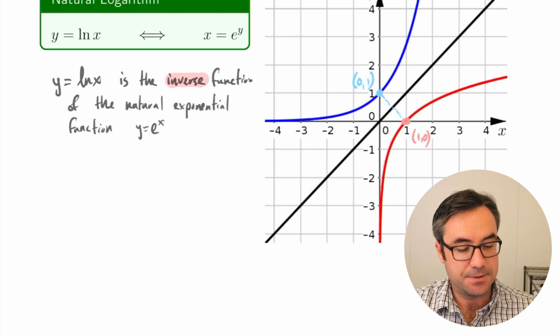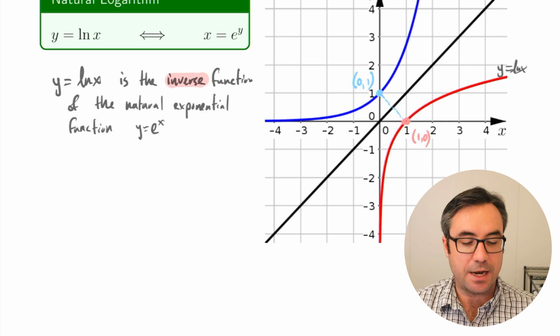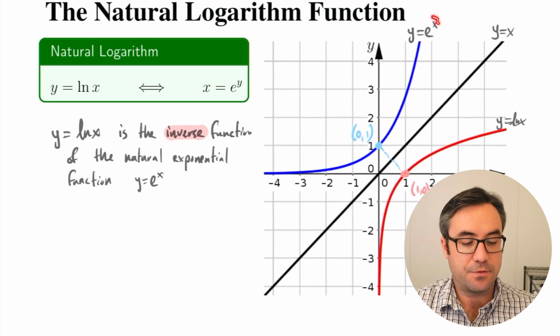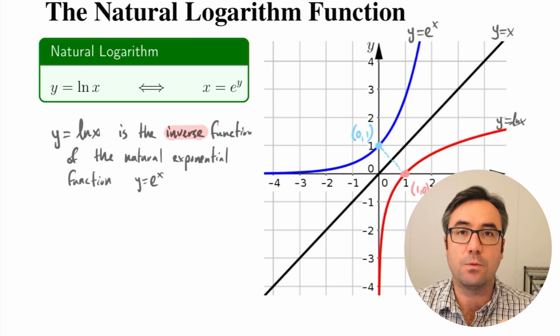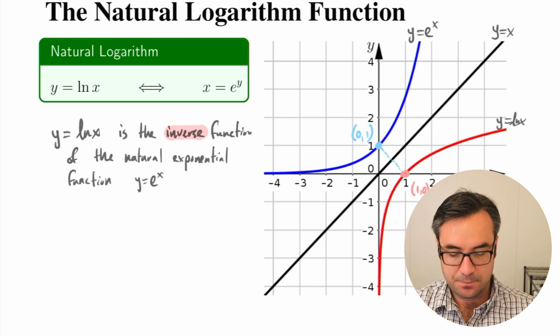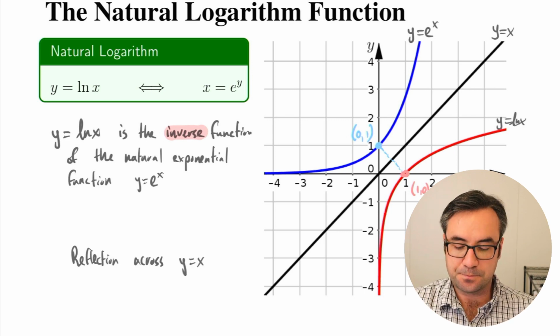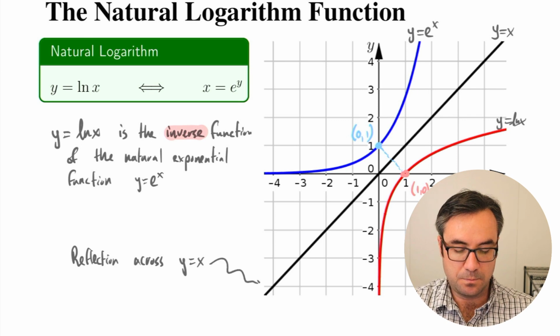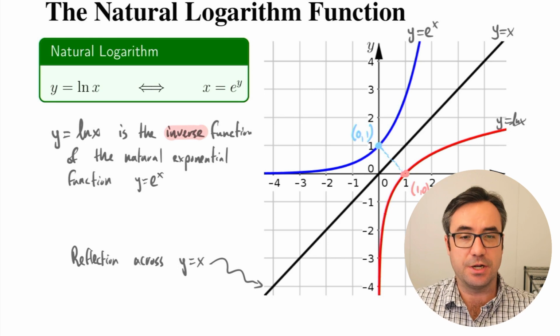And so here it is. It's really a reflection of the curve y equals e to the x over this diagonal line y equals x. So we're doing a reflection across that line to see what the graph of our natural log function does.